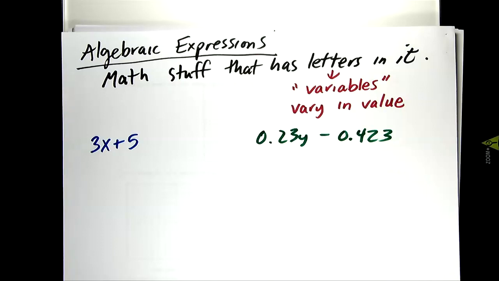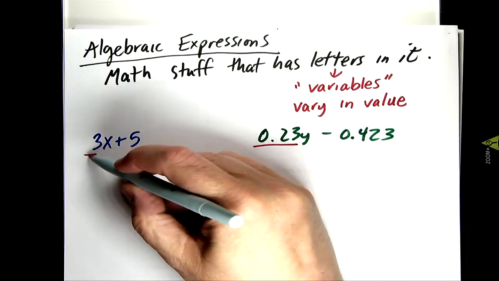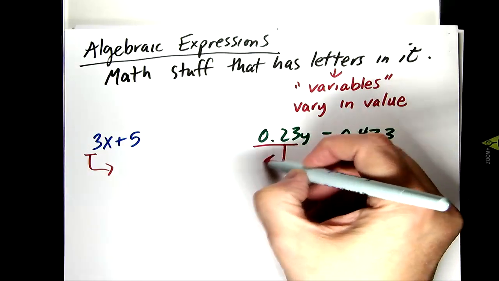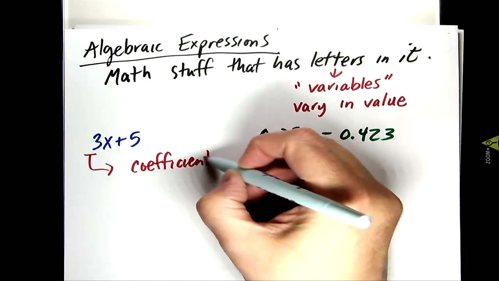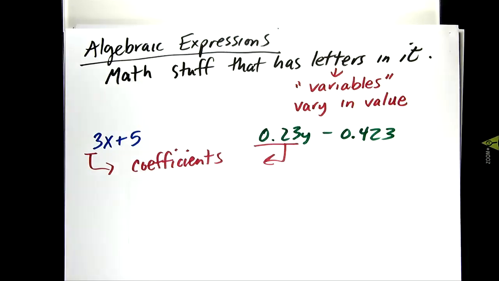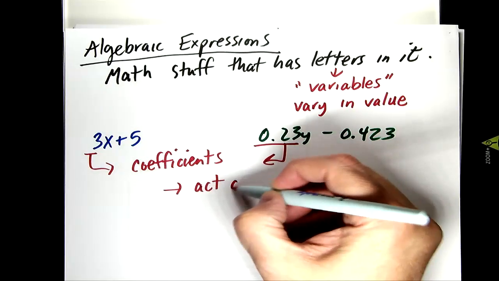But they're still algebraic expressions. These numbers in front of the letters, these are called coefficients. That's the name for them, like the word efficient with the co in front of it. And they act as multipliers.